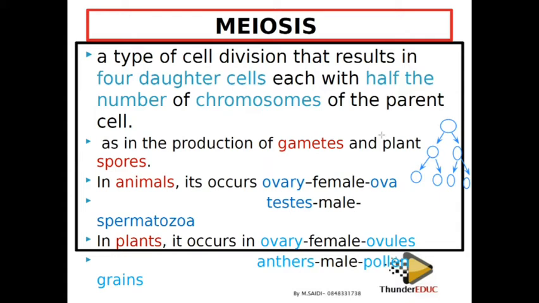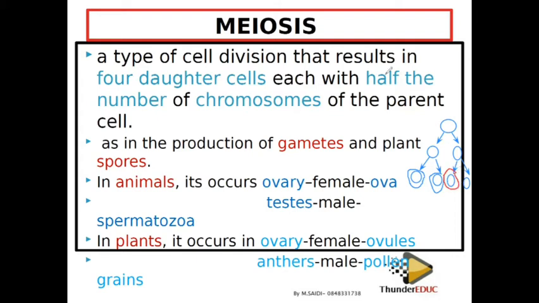So all of them are going to be different from each other. This one will have its own genetic material, and this one will have its own, and again this one will have its own genetic material.